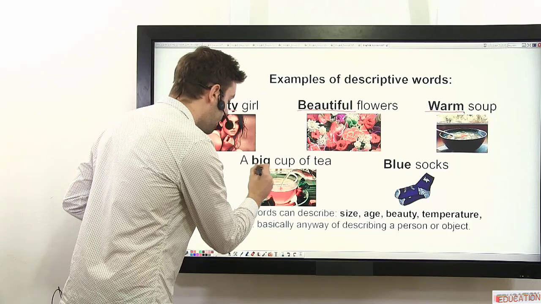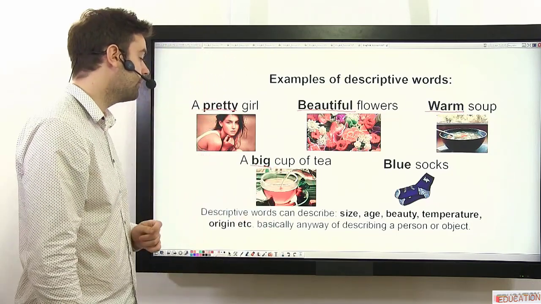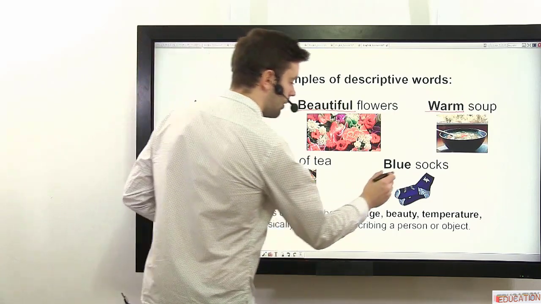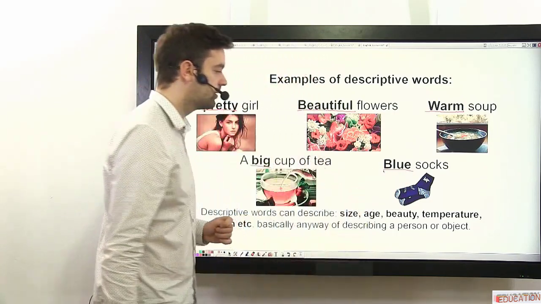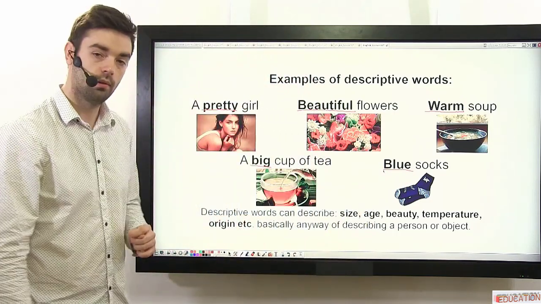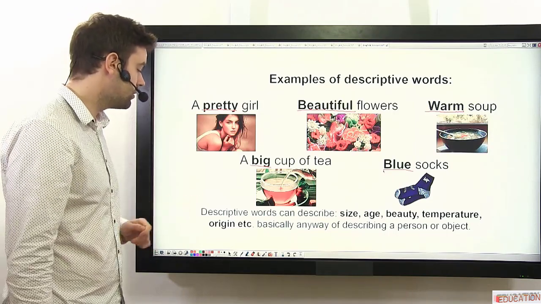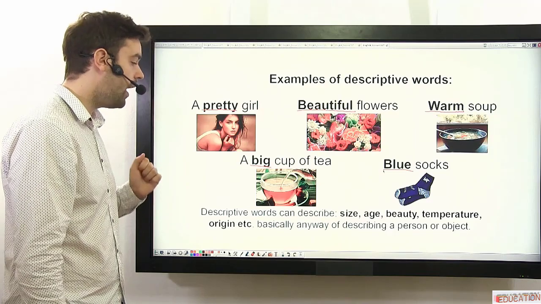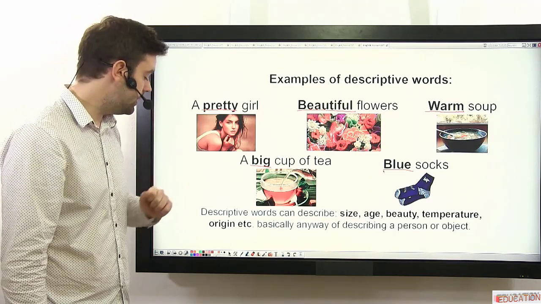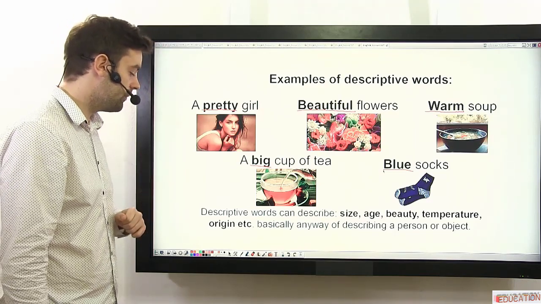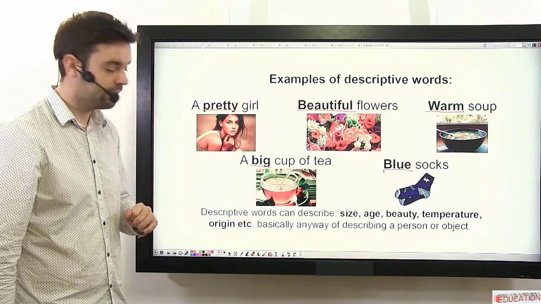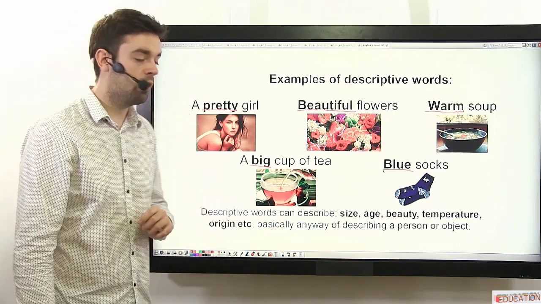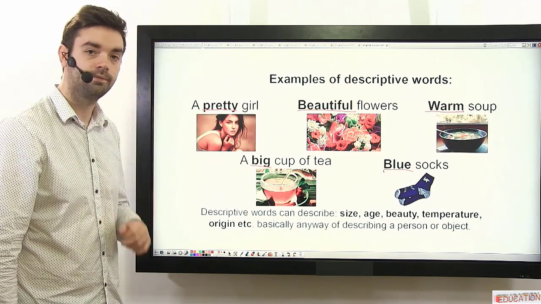A big cup of tea. Blue socks. Descriptive words can describe size, age, beauty, temperature, and origin. Basically, any way of describing an object or person.